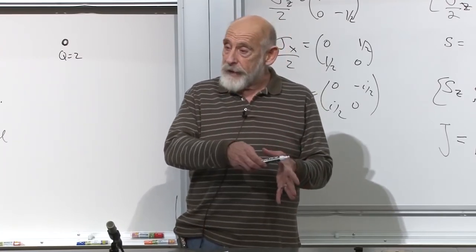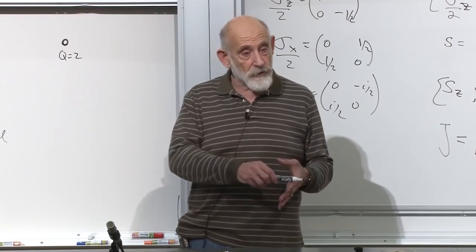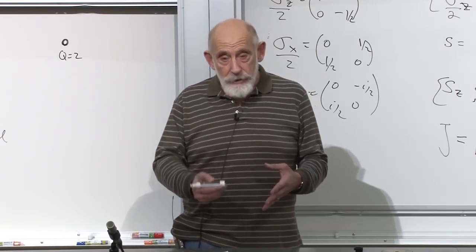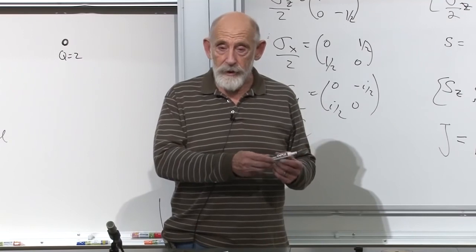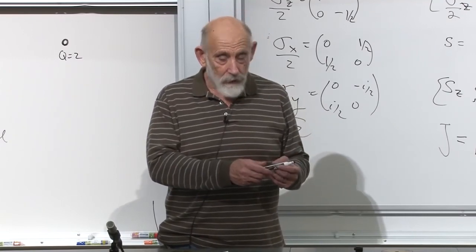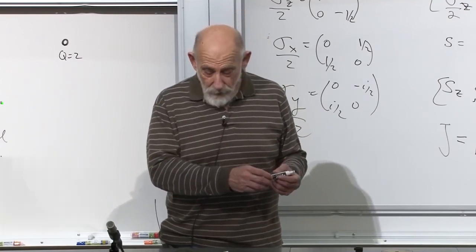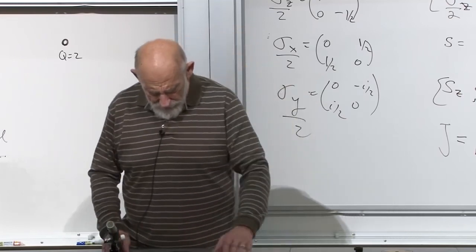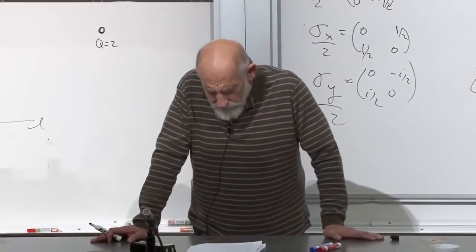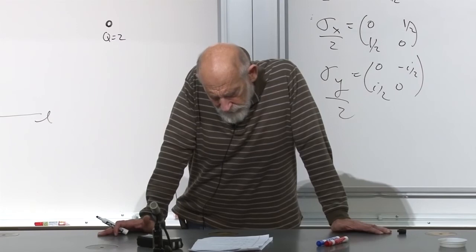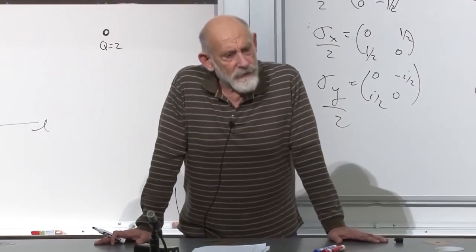Now you put it in a magnetic field and you find that the energy levels are split, exactly as if the electron were a little magnet because of its angular momentum. So the fact that it had angular momentum could be tested by putting it in a magnetic field.